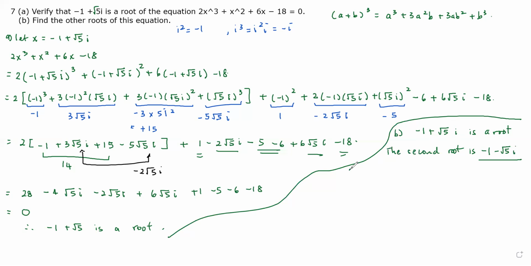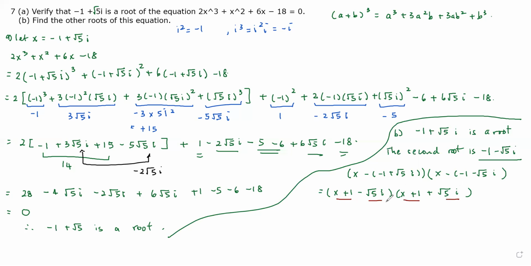One of the factors is x minus -1 plus square root 5i. This is one factor. The second factor is x minus -1 minus square root 5i. So this forms a quadratic factor of the equation. So let's look at this part here. We have x plus 1 minus square root 5i, and then we have x plus 1 plus square root 5i. This actually forms a difference of squares.